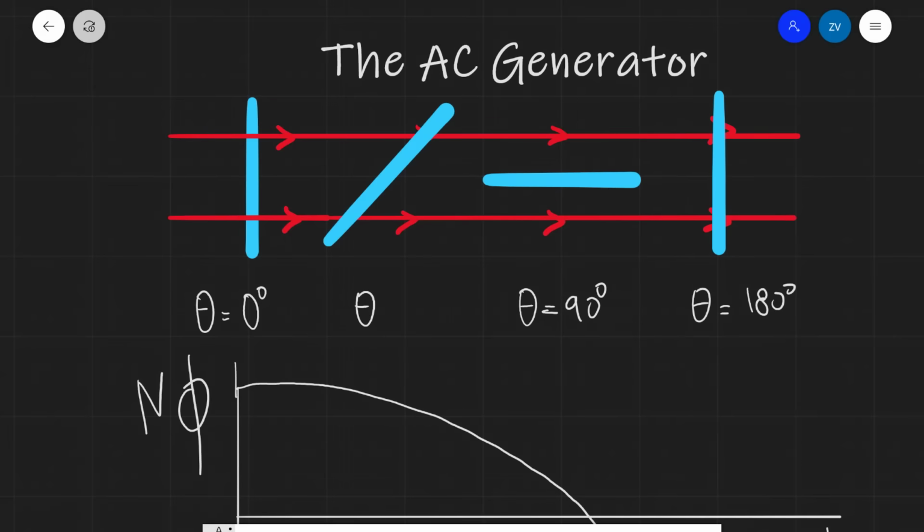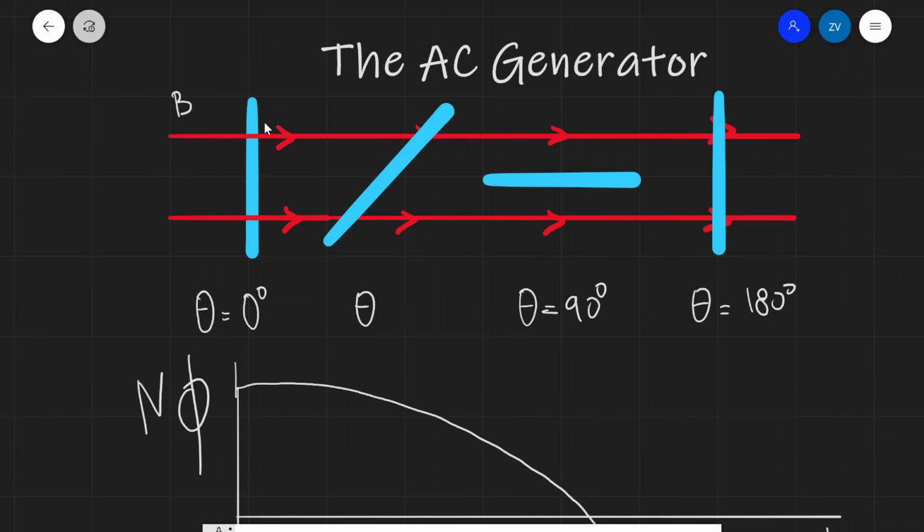Now that we have had a really good look at magnetic flux and also Faraday's law, let's have a brief look into the AC generator. Imagine that we have a coil which I've placed in a magnetic field. The magnetic field has the following direction.